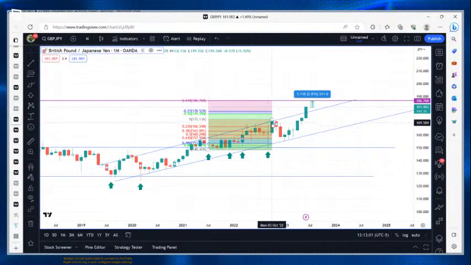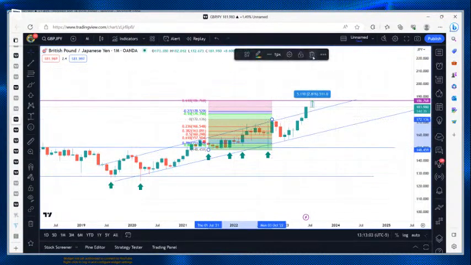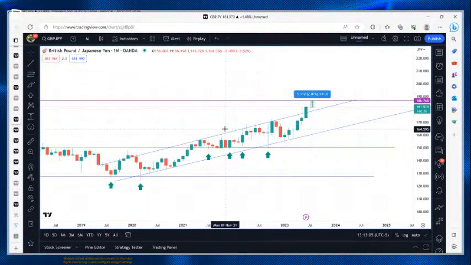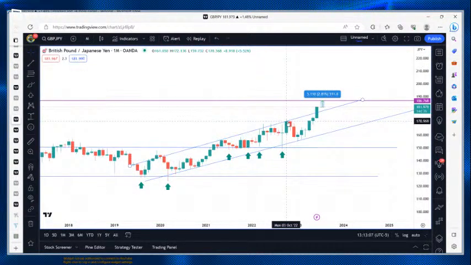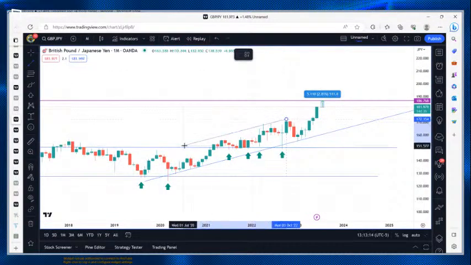Let me actually get rid of this Fibonacci so we can actually see, all right? See how market made a high. We know that the market reversed because we hit the known level of U-turn. We hit that 618 extension.